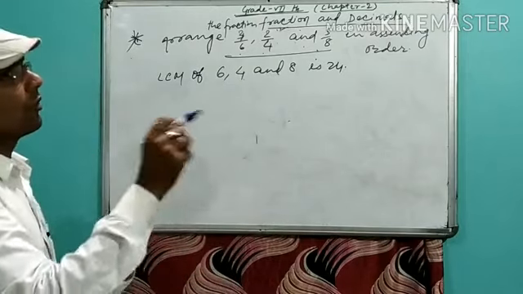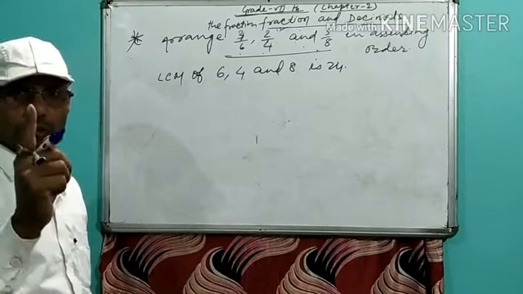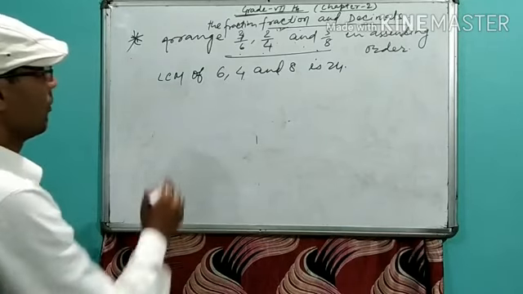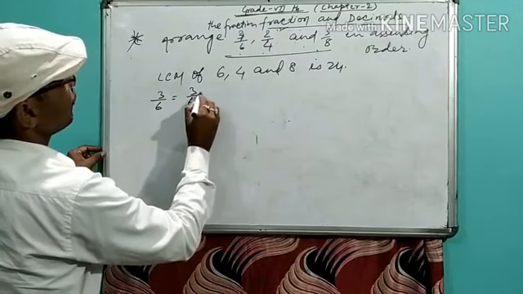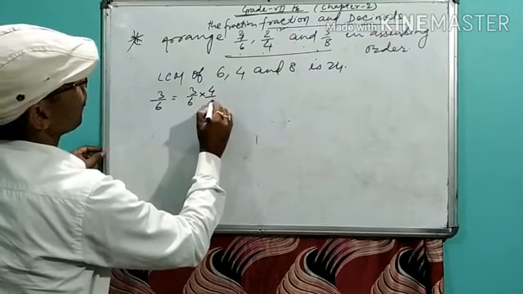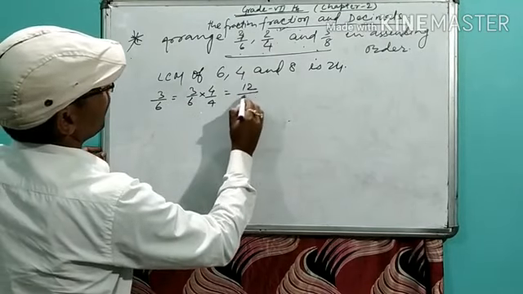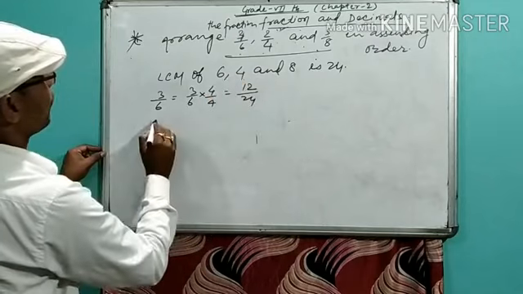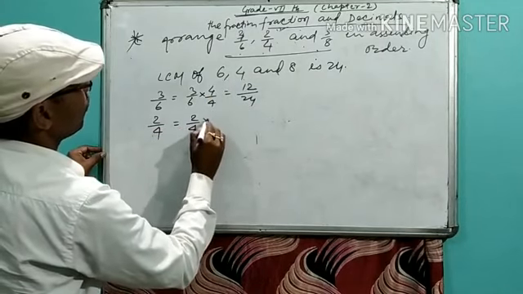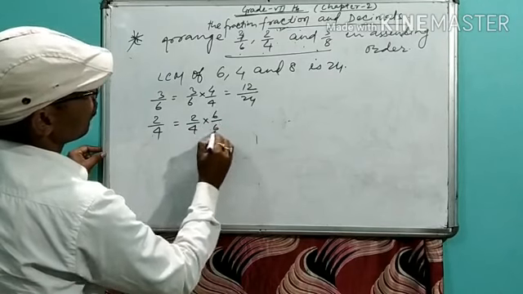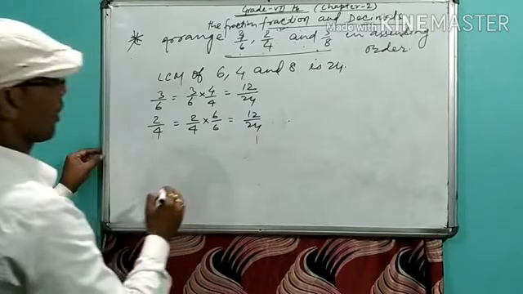Now one by one we will make the same denominator. Like 3 by 6: 3 by 6 into 4 by 4, 6 fours are 24, here 12 by 24. Another is 2 by 4: 2 by 4 into 6 by 6, 4 sixes are 24, 12 by 24.